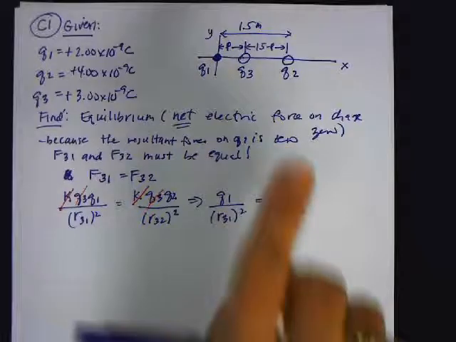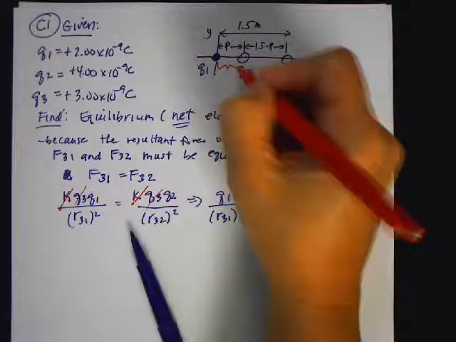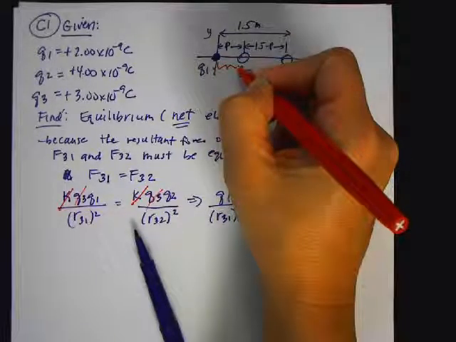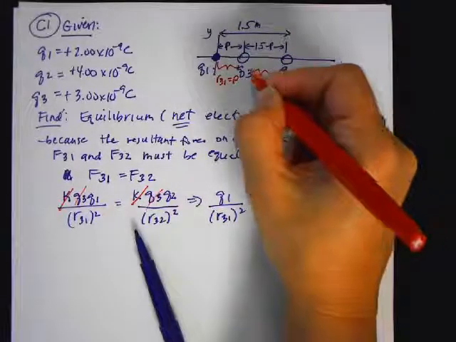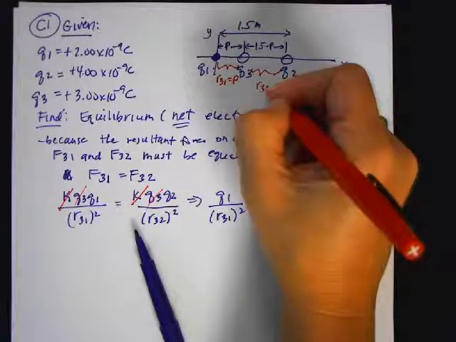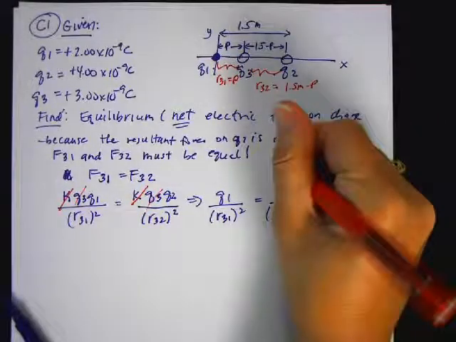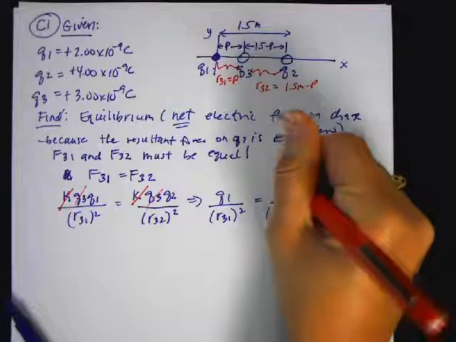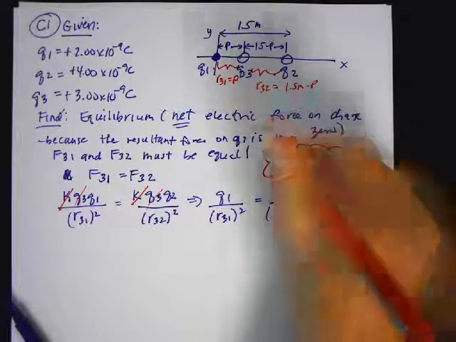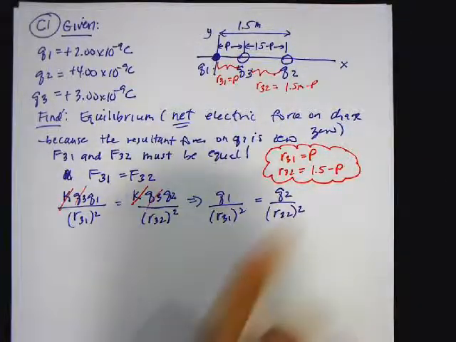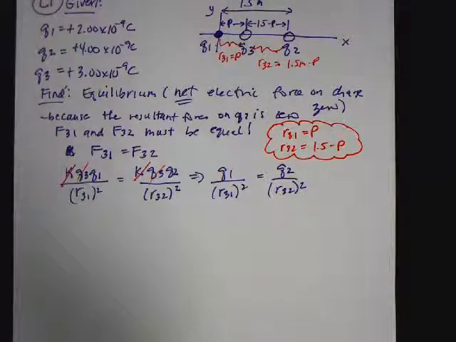So now, according to my diagram, this is the distance between Q1 and Q3, which is R31, which is actually P. And then the distance between Q2 and Q3, which is R32, is actually 1.5 minus P. So remember, R31 is P, and R32 is 1.5 minus P. So now I'm going to substitute in, and we'll see that we only have one unknown, and our unknown will be P.